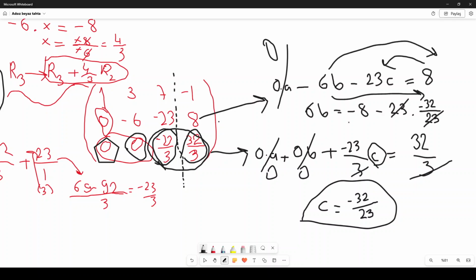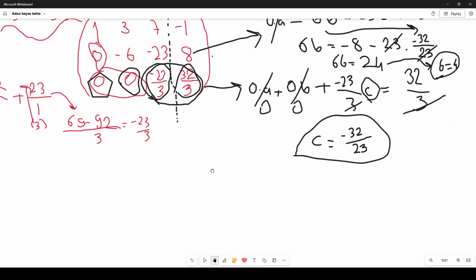So 32 minus 8 is equal to 24. What we got is 6b is equal to 24. By dividing both sides by 6, we got b is equal to 4. Now I found the value of b, another unknown variable. That's the good news.